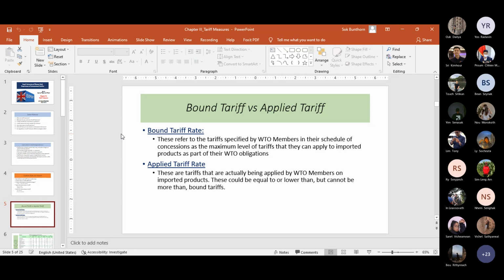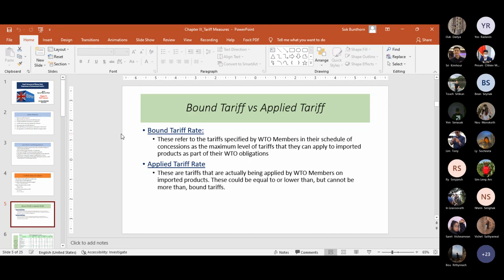Again, the bound tariff rate is the highest, the maximum rate. For example, in your schedule of concession, you set 20% as the bound rate for one good. But in reality, the applied tariff rate can be less than 20%, 15%, or only 10%, depending on your willingness.